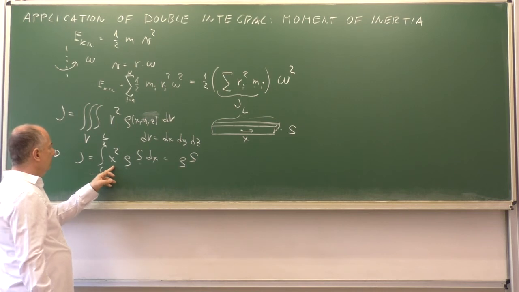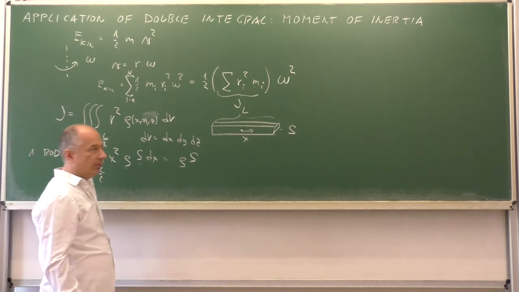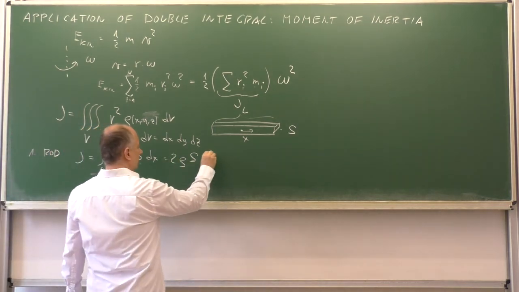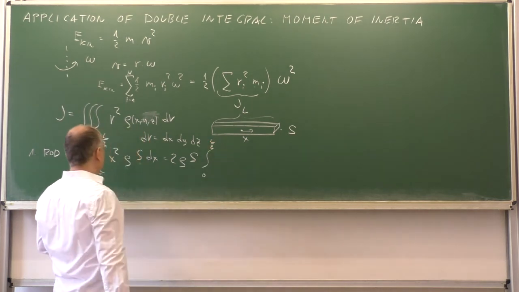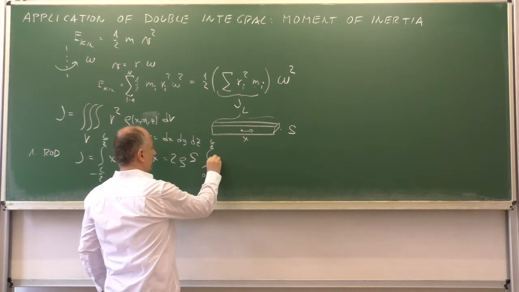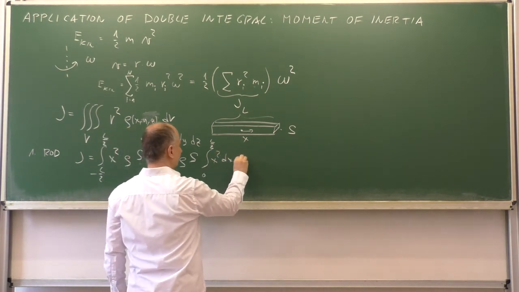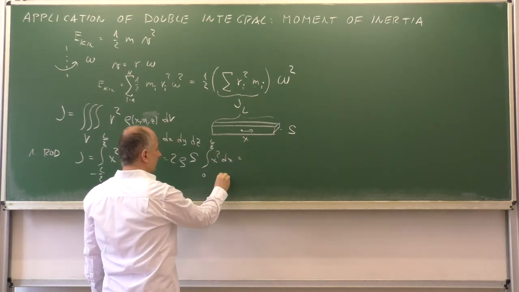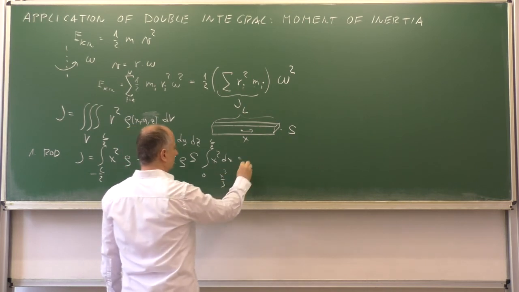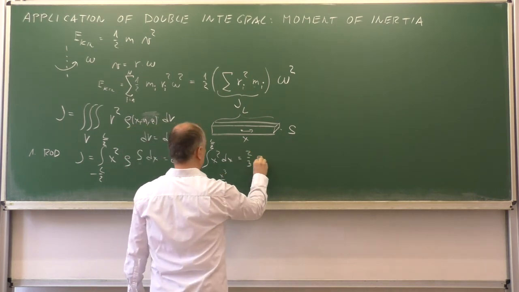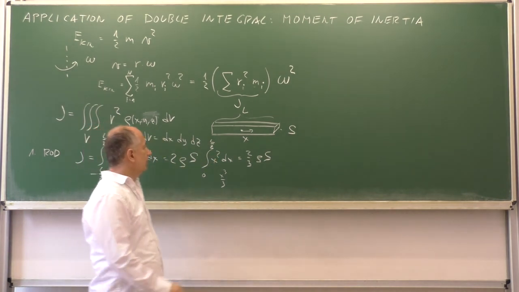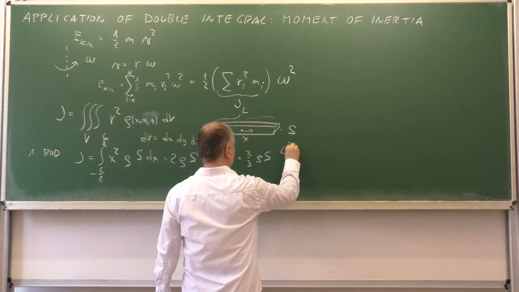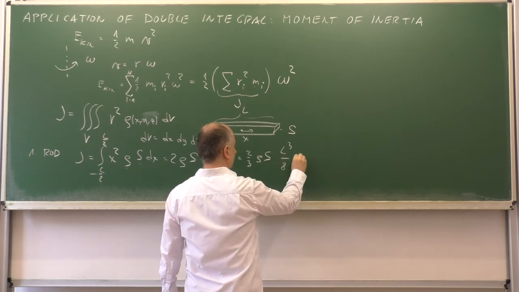And this is an even function integrated over a symmetrical interval, so we can take 2 times the integral from 0 to L half of x squared dx. The antiderivative is x cubed over 3, so we have 2/3 rho S, and the cube of L half is L cubed divided by 8.